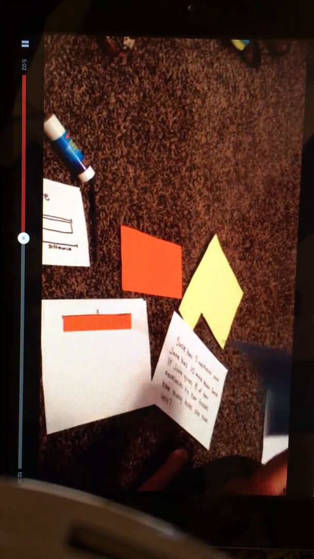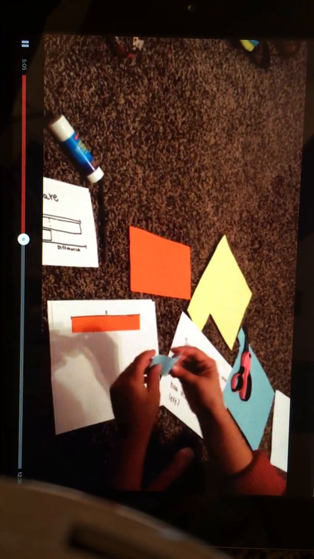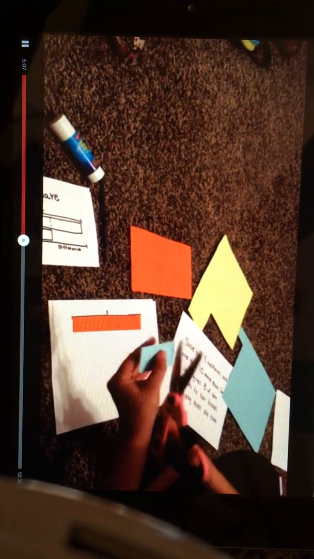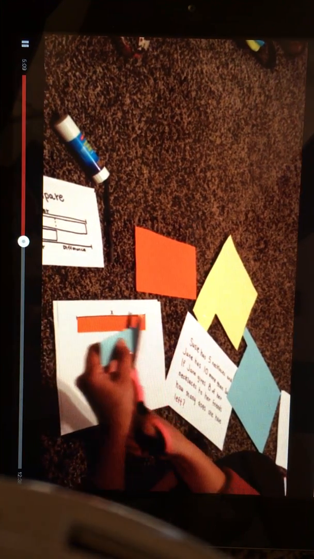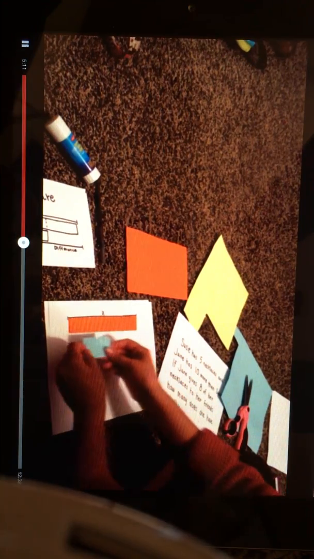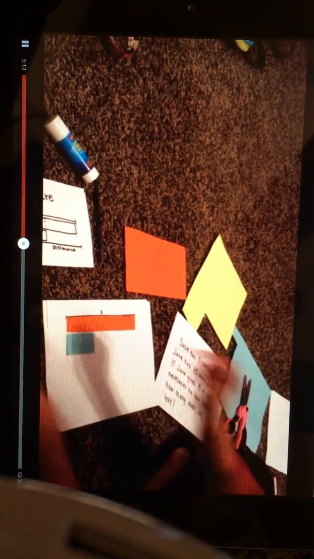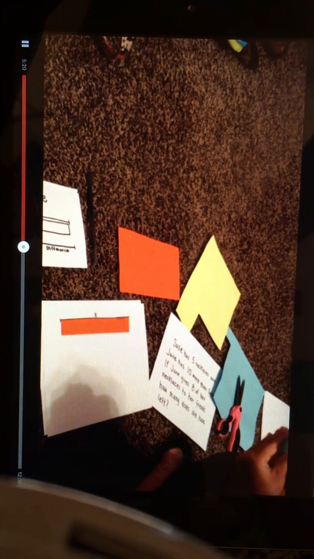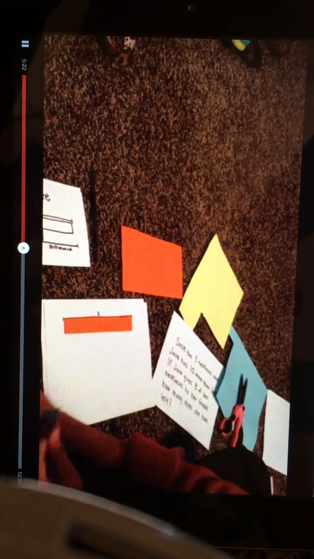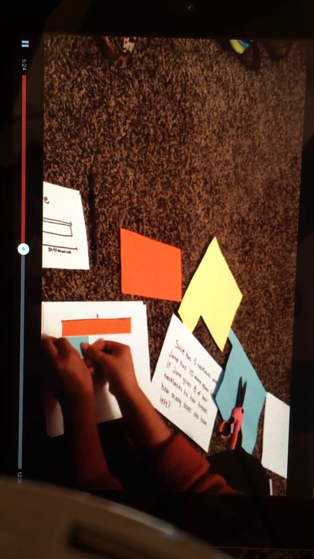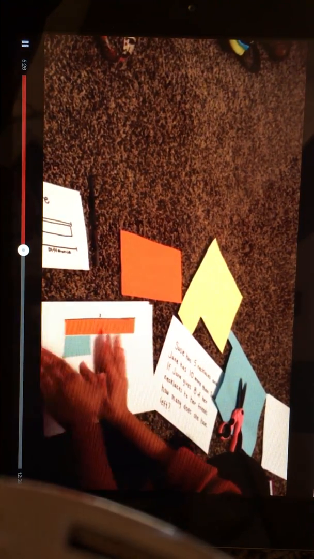I think that this length of blue paper is going to represent Susie's 5 necklaces. So we can glue this piece of paper down as well. We'll glue it right here where the smaller amount goes, just like up there.